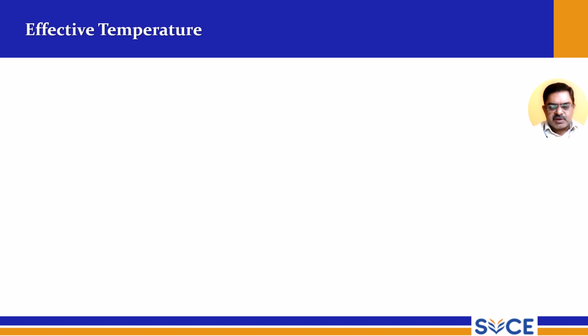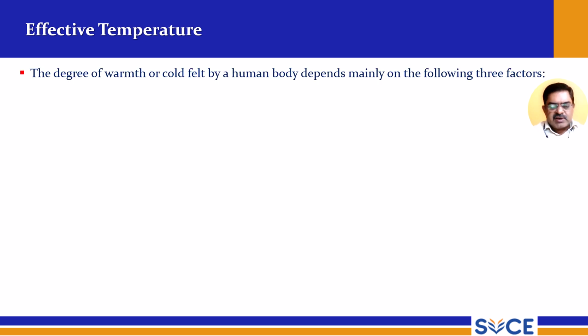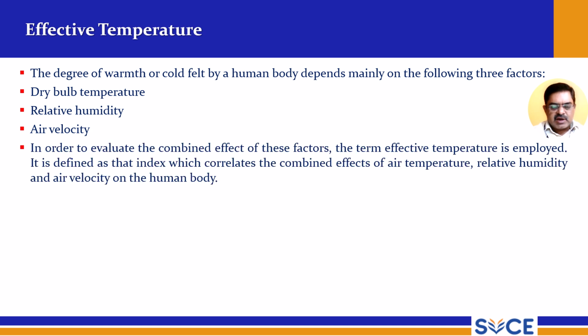Effective temperature: the degree of warmth or cold felt by the human body depends mainly on the following three factors: dry bulb temperature, relative humidity and air velocity. These are the three main factors we have to consider, and in order to evaluate the combined effect of these factors, the term effective temperature is employed.